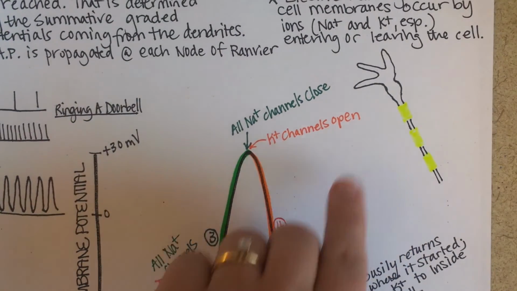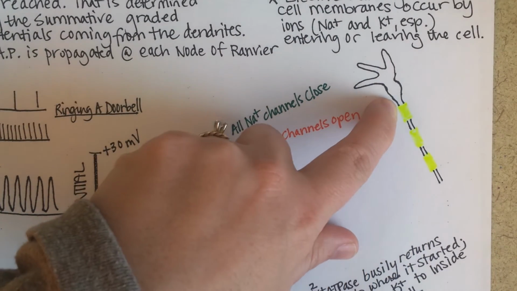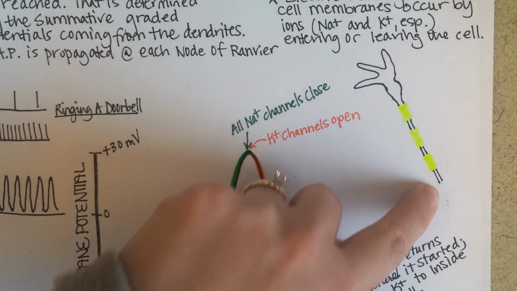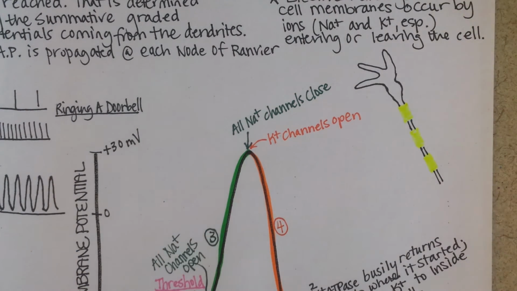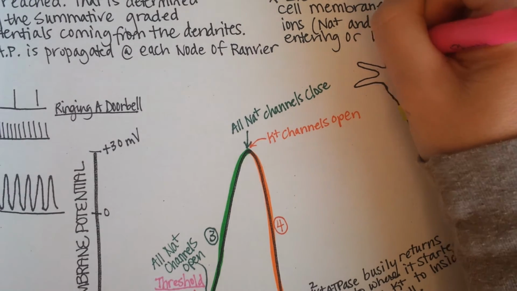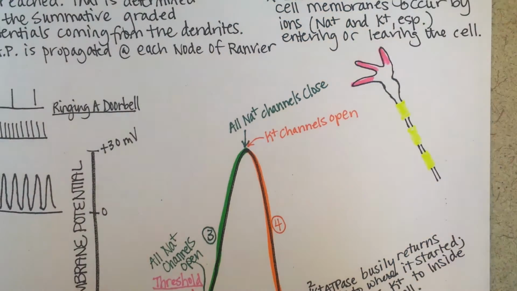Okay, so these are dendrites. Here's an axon hillock, and then some nodes of Ranvier. Now use a different pen. How about pink? That'll be perfect. This is where graded potentials occur. It's where we've colored pink.